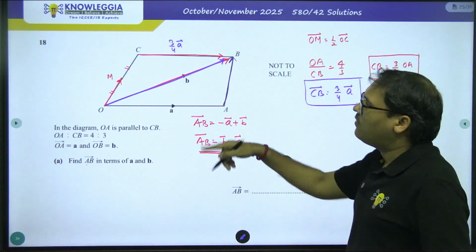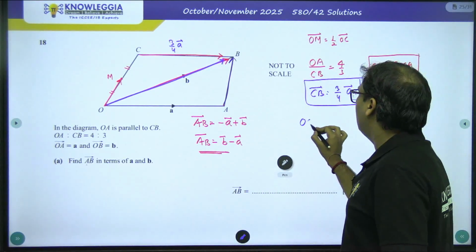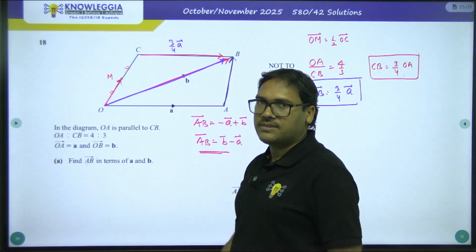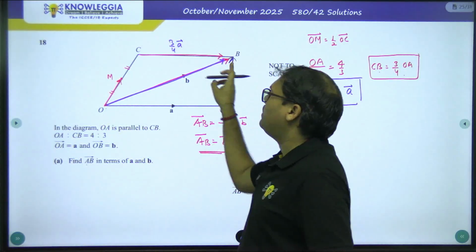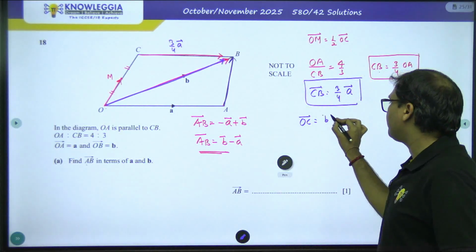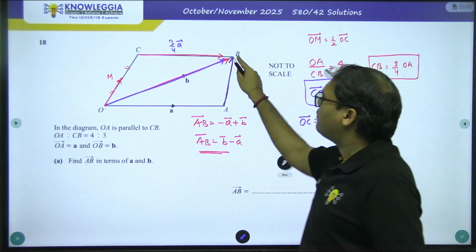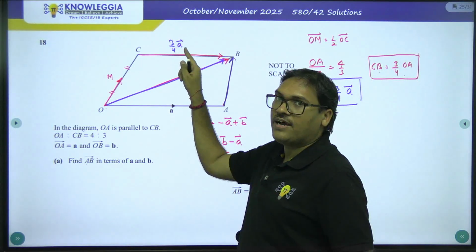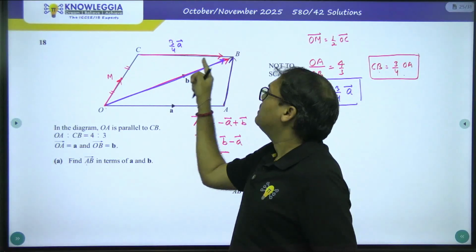So now, how will you get OC vector? You can see OC vector will be, going from O to C, which is the same as going from O to B, that is B vector. Then going from B to C, which will be minus 3 by 4 A vector. Why negative? Because we are going against the vector direction.